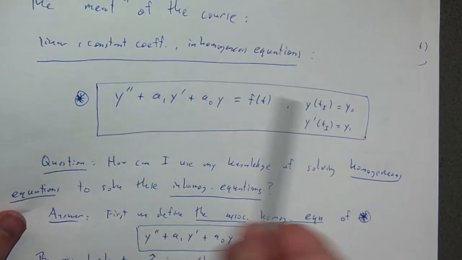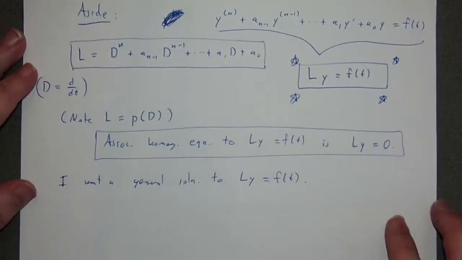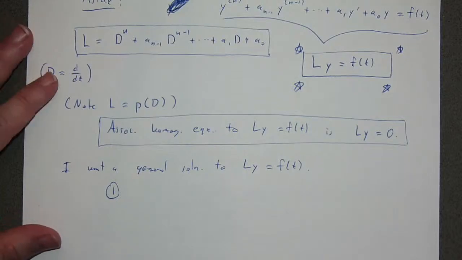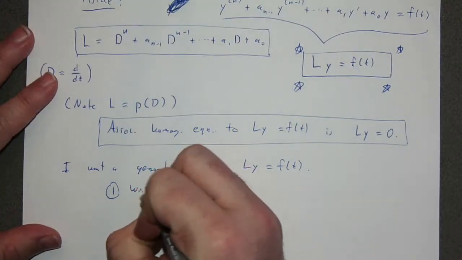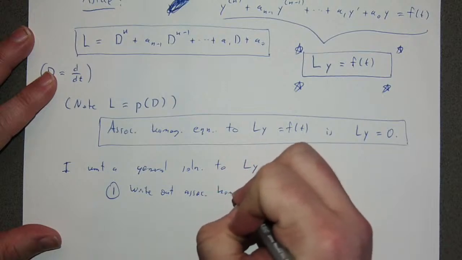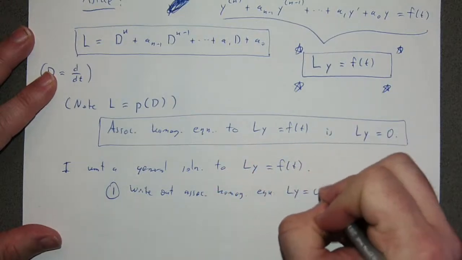So this is the thing I'm trying to find a general solution for. How do I do this? Well, firstly, I write out the associated homogeneous equation, Ly equals 0.